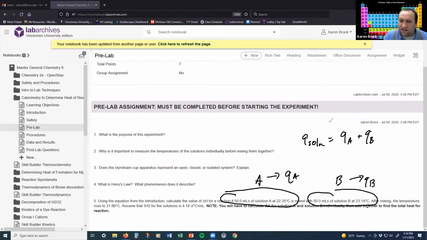And remember, since this is the Q of solution, delta H of the reaction is going to be the opposite of that Q of solution.